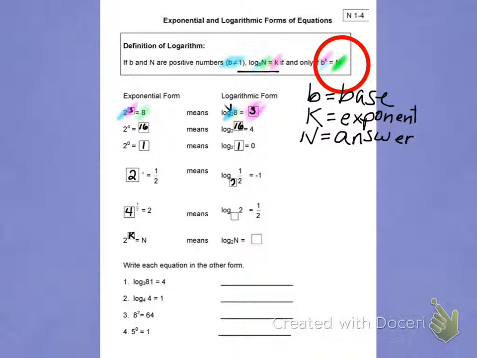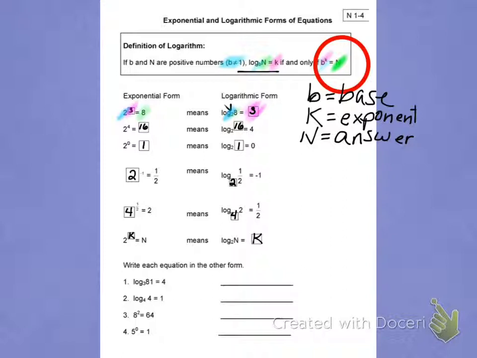Log base 2 of 1/2 equals -1. This time my base on the next one is 4. Log base 4 of 2 equals 1/2. And on the last one, log base 2 of n equals k. And if you notice, the answer in logarithmic form is what was the exponent in exponential form.